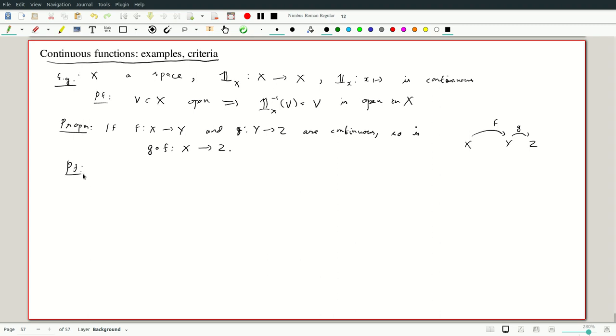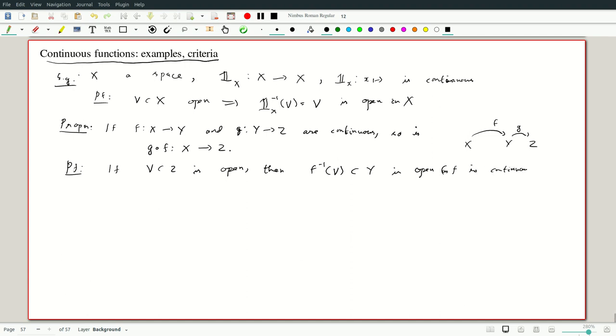Well, the proof is quite straightforward. If V contained in Z is open, then because f is continuous, f inverse of V contained in Y is open.